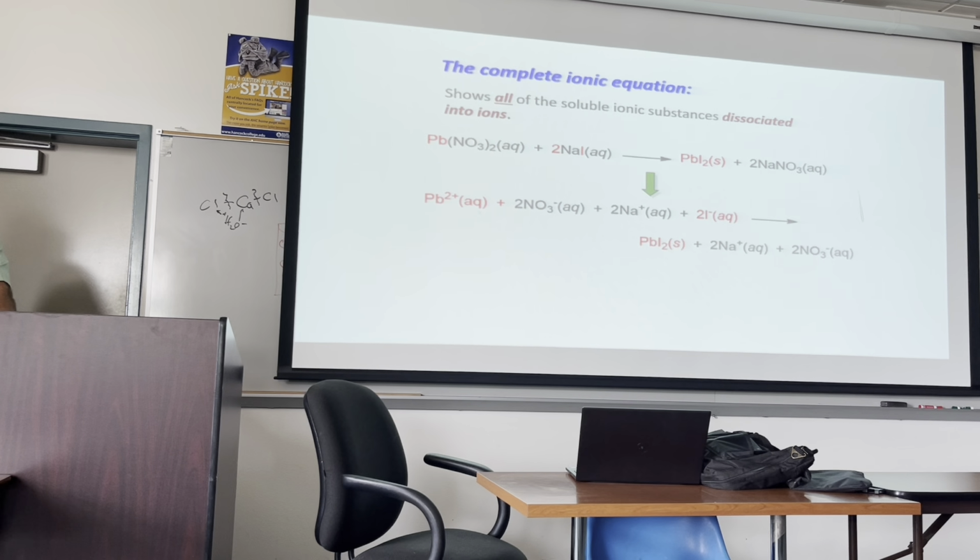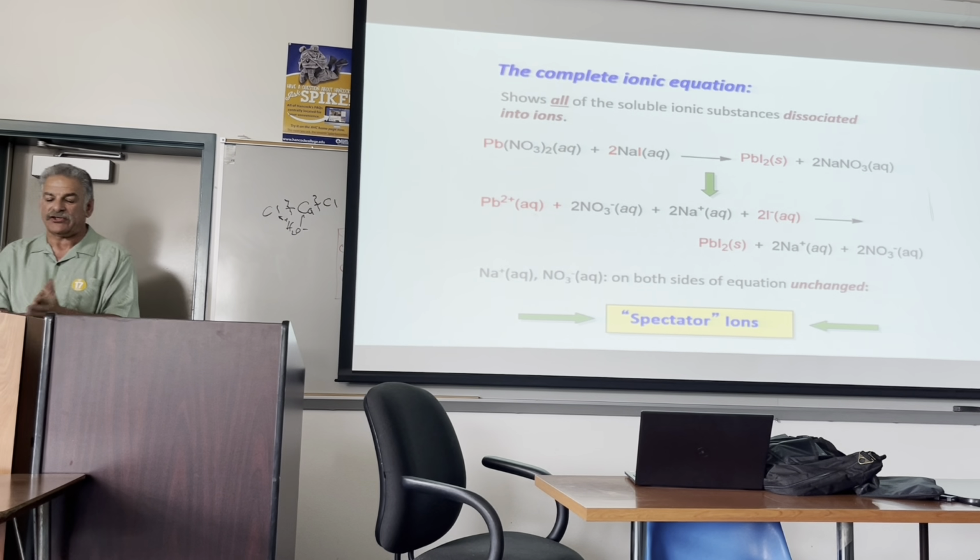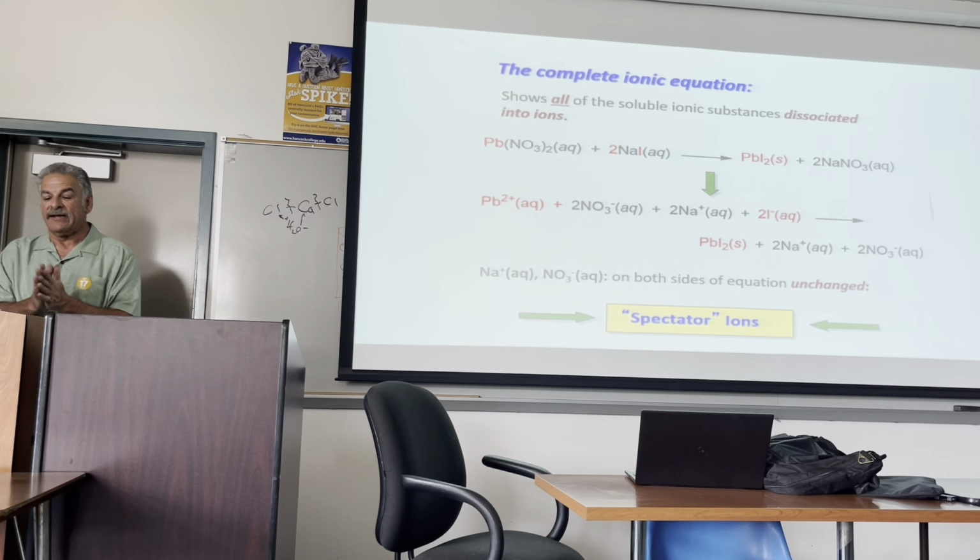Right? We're going to mark the change with the spectator ions, the ones that don't participate but just watch. So we have sodium plus, nitrate minus on both sides of the equation, unchanged and therefore the spectators. The net ionic equation eliminates the spectator ions, so whatever doesn't participate, whatever remains in solution in our beaker and doesn't precipitate out, falls out of the ionic equation, the NIE.